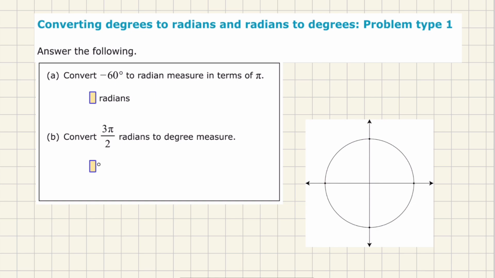And so I have here a unit circle which has a radius of 1, and starting at the positive x-axis, if I were to go all the way around the unit circle, the angle from beginning to ending would be 360 degrees, and going all the way around would be 2 pi, meaning that 360 degrees is equal to 2 pi radians.